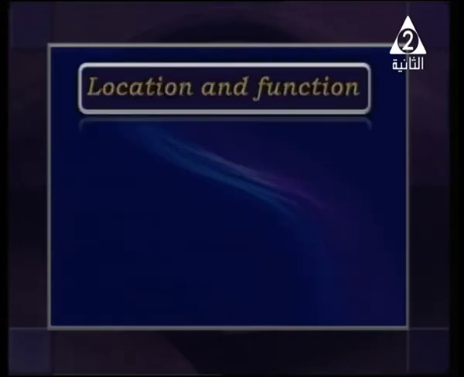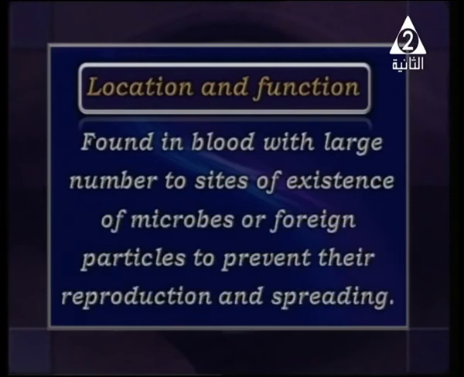They are found in the blood, with a large number at sites where microbes or foreign particles exist, to prevent their reproduction and spreading inside your body, if they are microorganisms that have the ability to reproduce and spread.